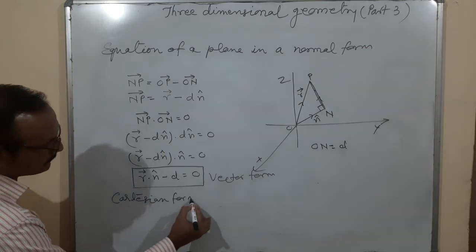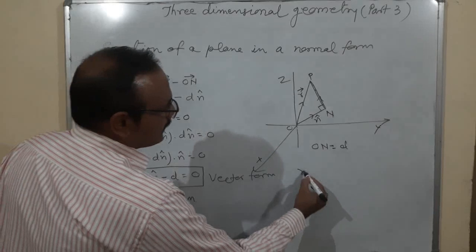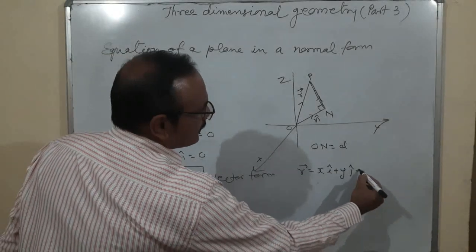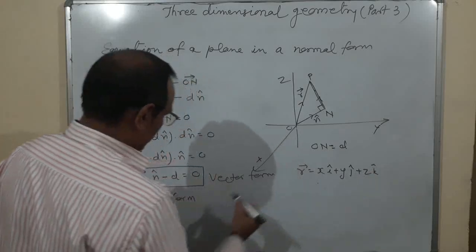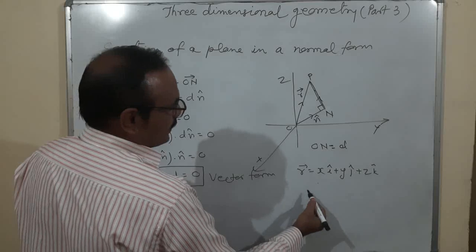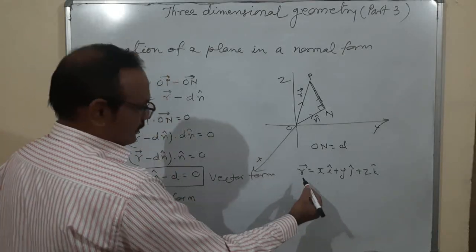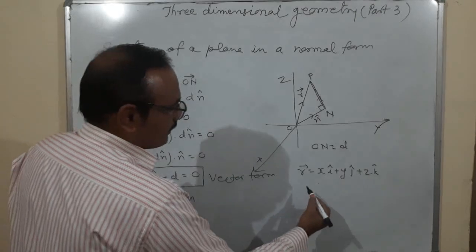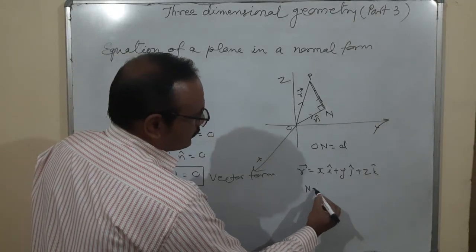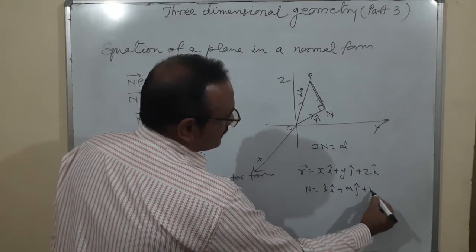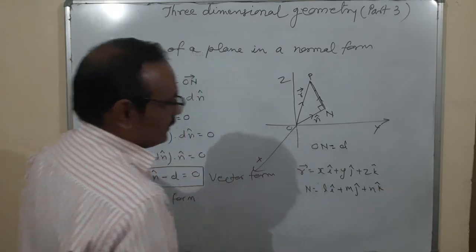For the Cartesian form, vector r is equal to xi plus yj plus zk, and this ON vector, the unit vector n, I can take as capital N, Li plus Mj plus Nk. Is it okay?